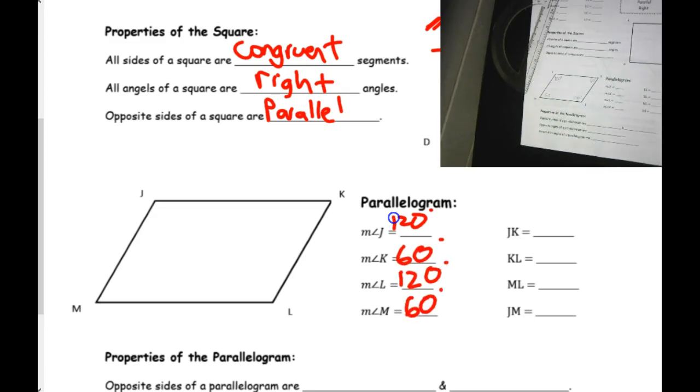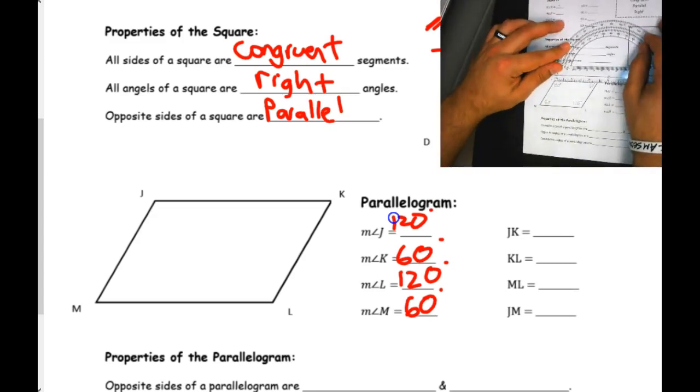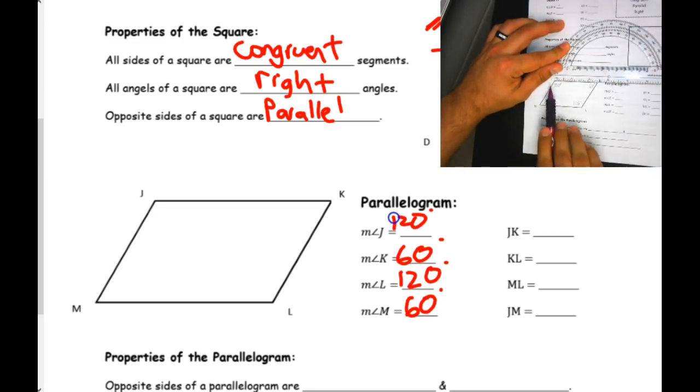Now you can see there's two pairs of congruent angles there. And then we're going to measure JK for realsies. So from J to K, okay, so when you're measuring inches, now this is something you would have learned long ago, how to measure with 16ths, okay?